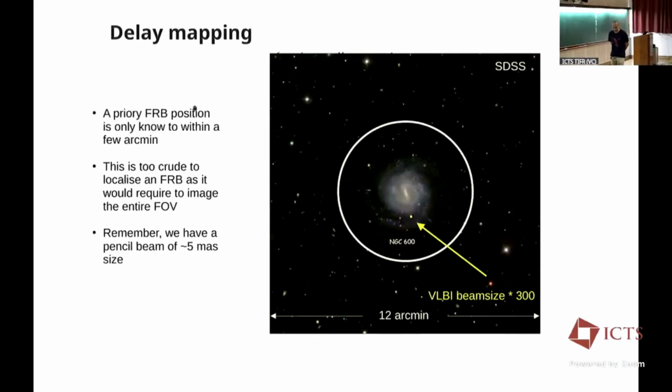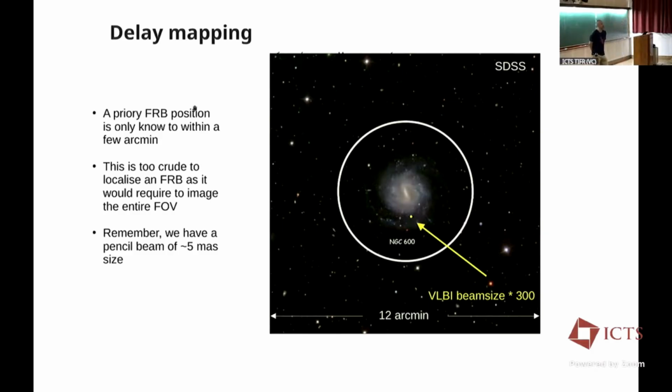Now, another issue with FRB localization is that in the beginning, typically we observe repeating FRBs, which were detected by CHIME. And the CHIME localization, if we have baseband data, is good to 3, 4, 5, 6 arc minutes, which means, going again with the Effelsberg beam, because that's the biggest dish, we have a 6 arc minute beam and say our FRB is somewhere here.